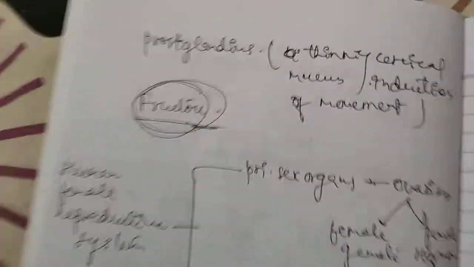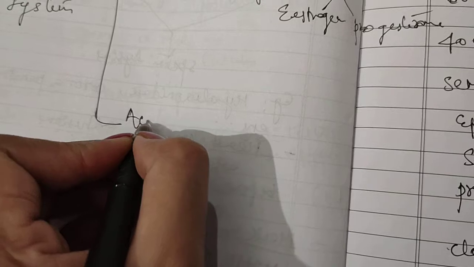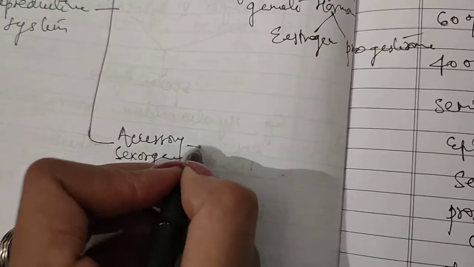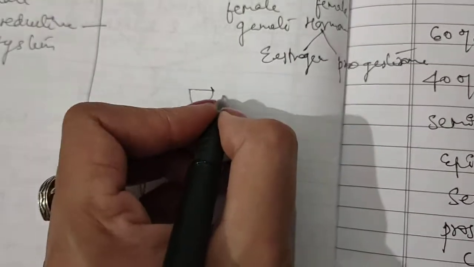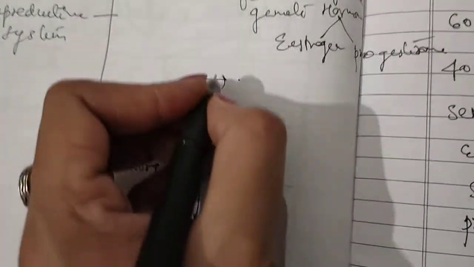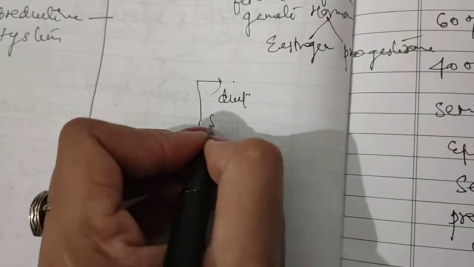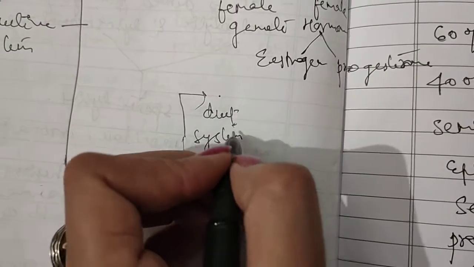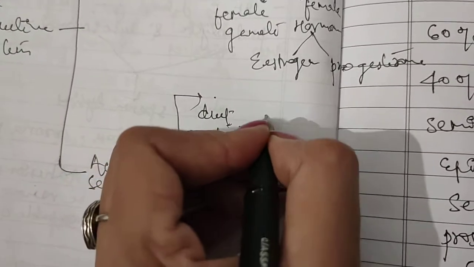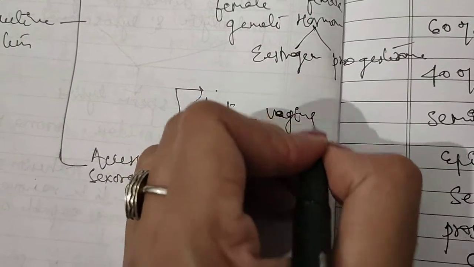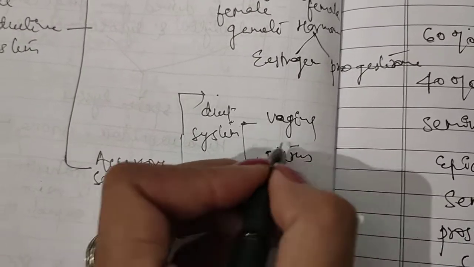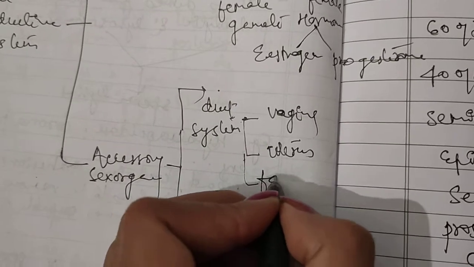Then there are accessory sex organs, and the first one is having a duct system, and you have seen that in the duct system there is vagina, there is uterus, and there is fallopian tube.